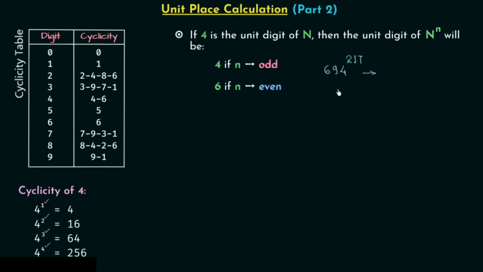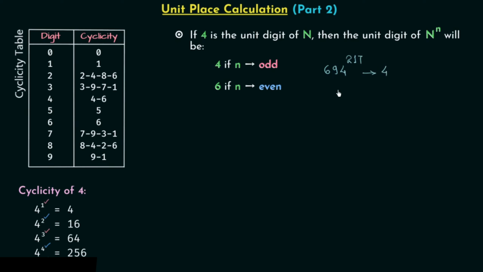Following the rule, we know when n, which is 217 in this case, is odd, the digit at unit place is going to be 4. 217 is definitely odd, and therefore 694 raised to power 217 will have 4 at its unit place.